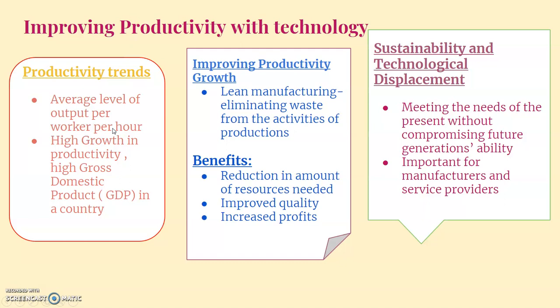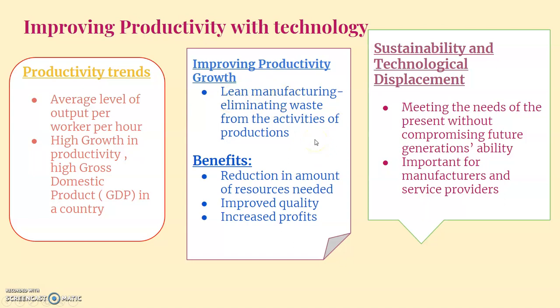If you are in capital intensive technology, of course in a very short time you can produce a lot of production. But if you are in labor intensive, it is a bit slower. Improving productivity growth by using lean manufacturing is where you eliminate all the waste that you do not need.